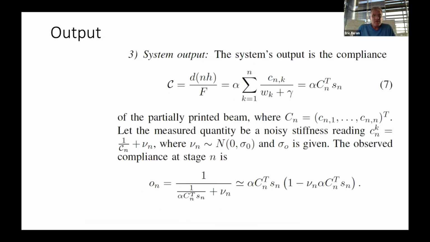And that makes us relate the state of the beam to the output, the measured quantities about that beam. And the measured quantity is its compliance. That is the ratio of the displacement measured during the test to the force applied to the sensor.